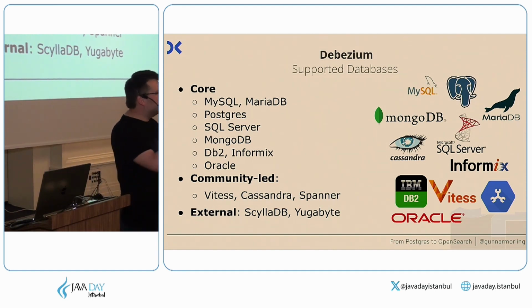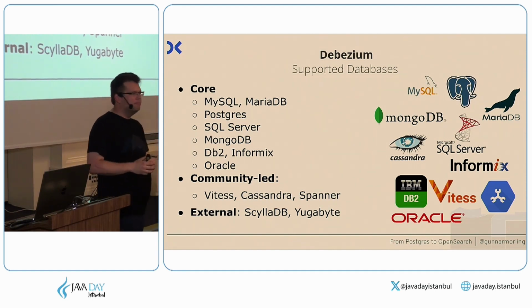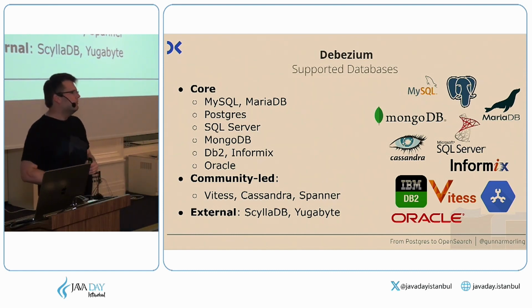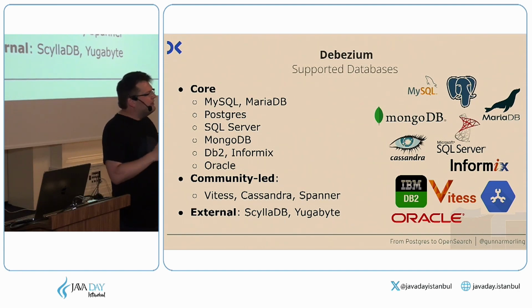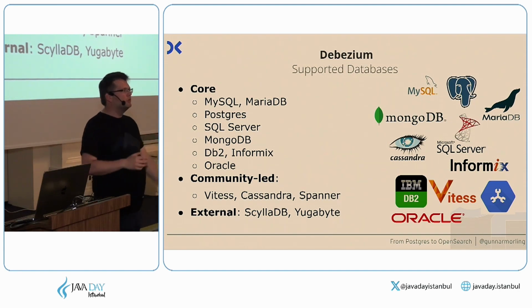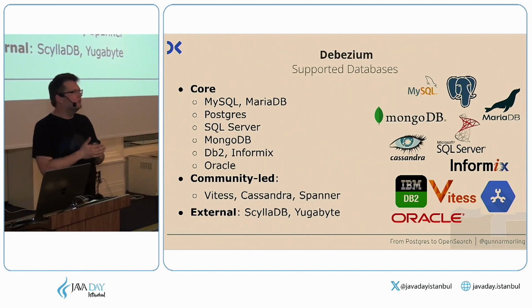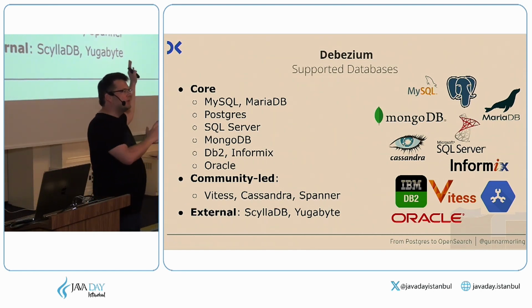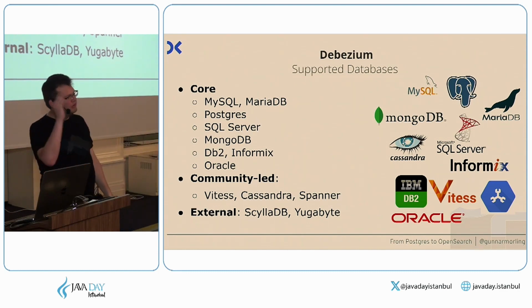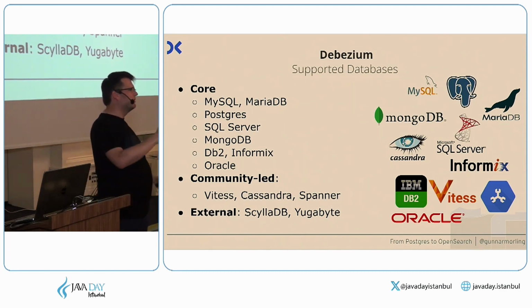It has CDC connectors for all databases you can see here, and I think a few more. And the events which Debezium exposes to your consumers are rather abstract, rather generic. So for your event consumers, it doesn't really matter which database a particular event comes from, whether it's MySQL, Oracle or SQL Server. They all look the same.